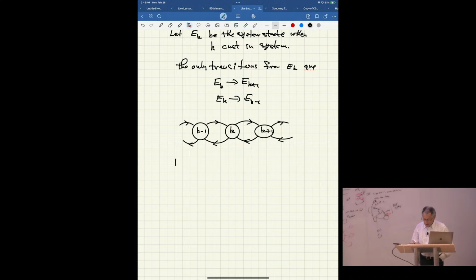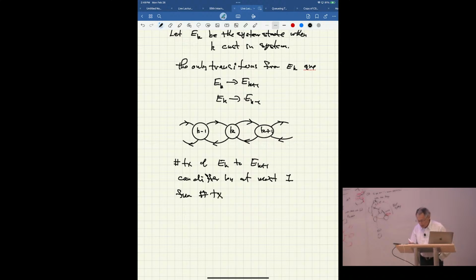Now, the number of transitions of E_k to E_k plus 1 can differ by at most 1 from the number of transitions from E_k plus 1 to E_k.